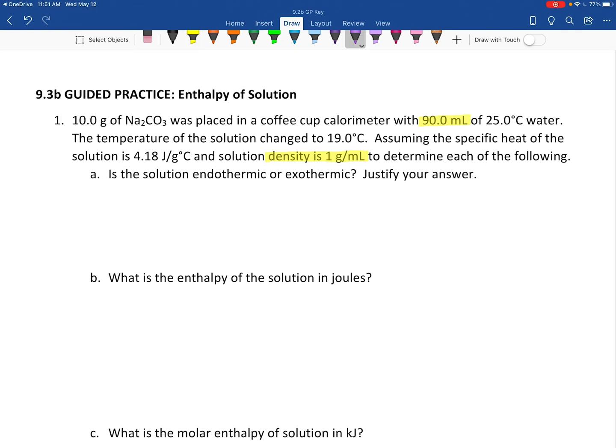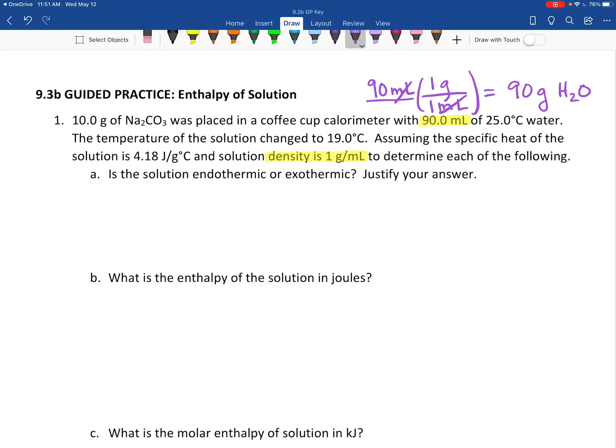So if I have 90 milliliters of water, for every 1 milliliter it would be equivalent to 1 gram, so this is the same as 90 grams of water. Whenever you're given the amount in milliliters of water, we can make that assumption when we're solving these on paper or digitally.